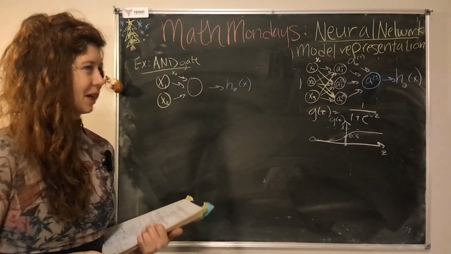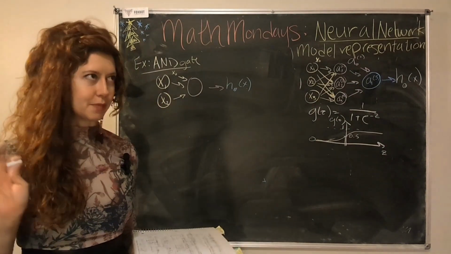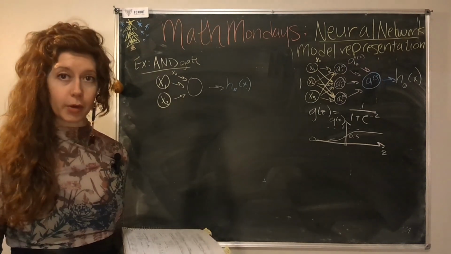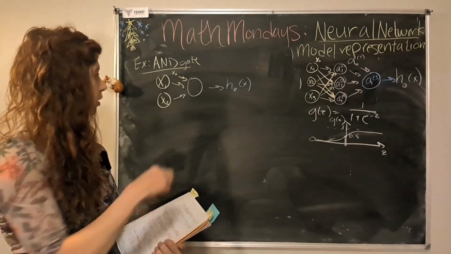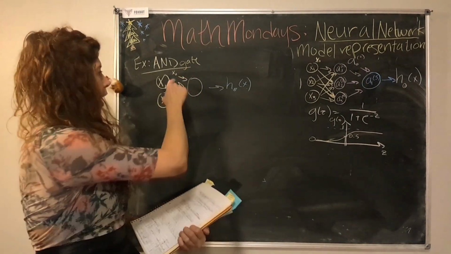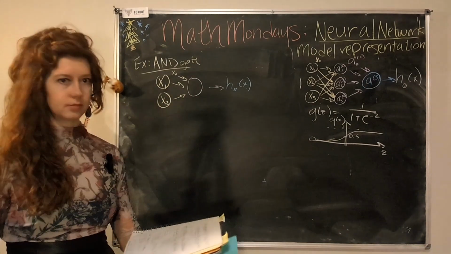I'm going to skip some steps. When you are calculating the parameters for a neural network, you need to figure out how much each of these inputs come into play.